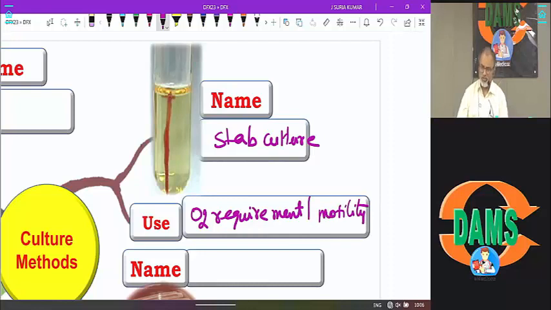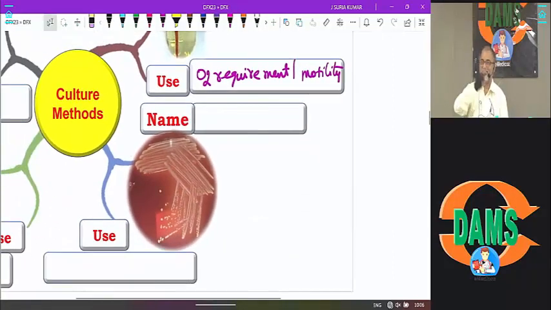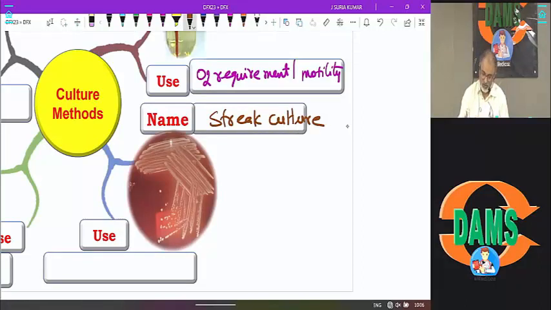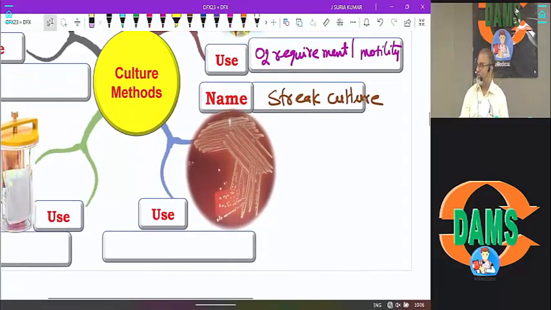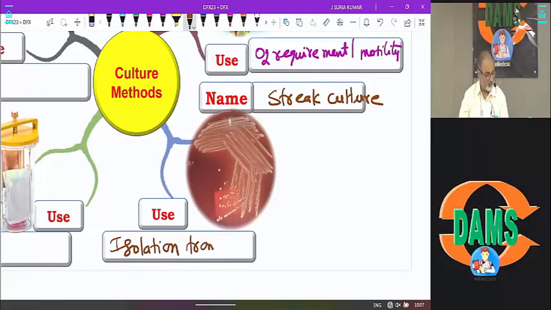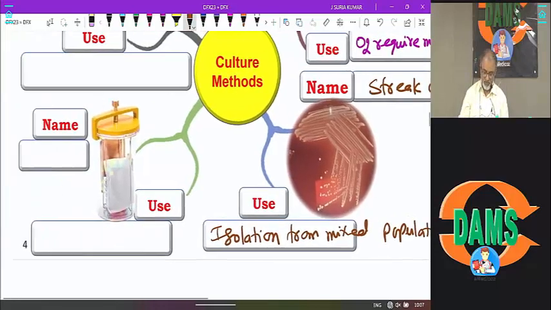It's a total revision. What is this method? Streak culture. Excellent. What is the advantage of streak culture? Isolation from mixed population.